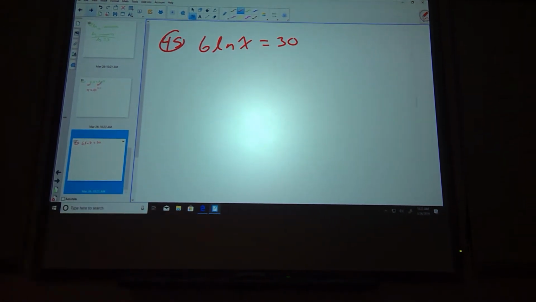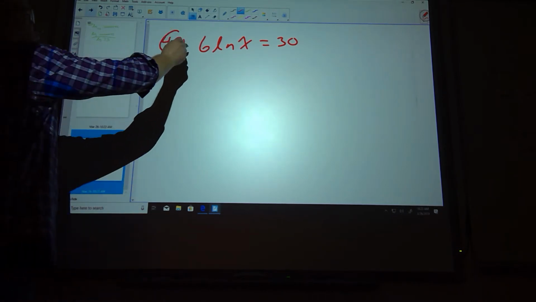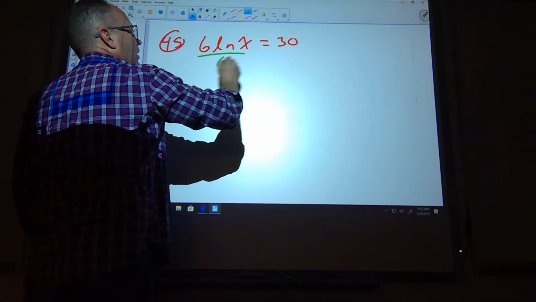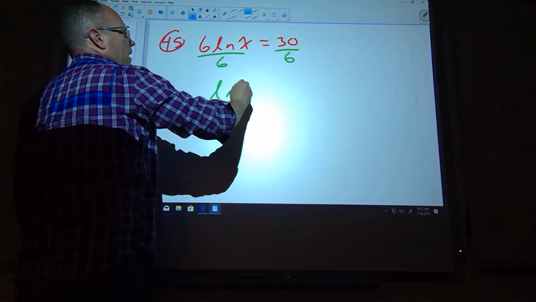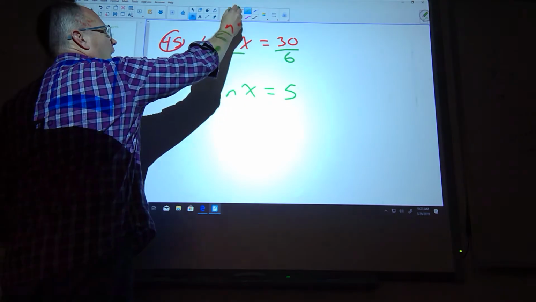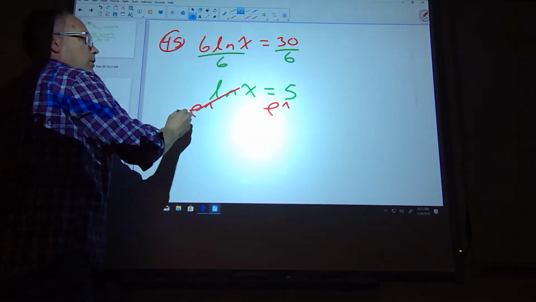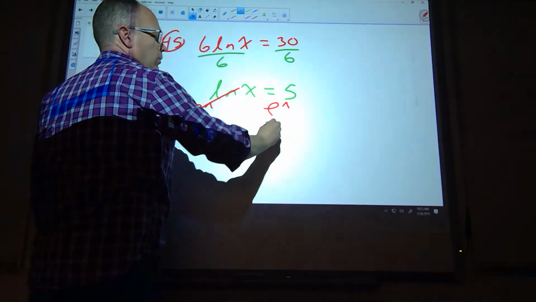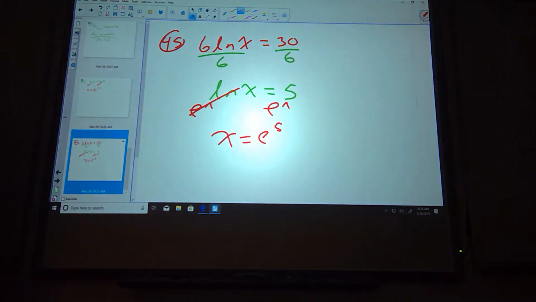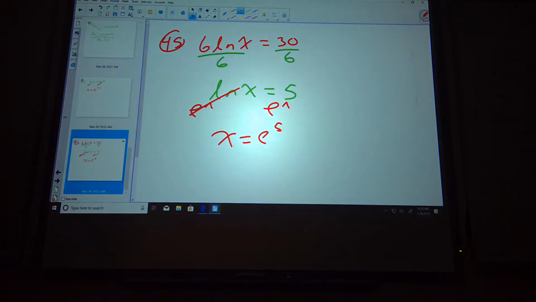I could bring the exponent back up top, so I'd have natural log x to the 6th. Or, because this is 6 times this quantity, I can divide both sides by 6. So I'll get ln x equals 5. And the undo of ln is e, so make both sides an exponent. Those cancel. So x equals e to the 5th, and just plug that into your calculator.